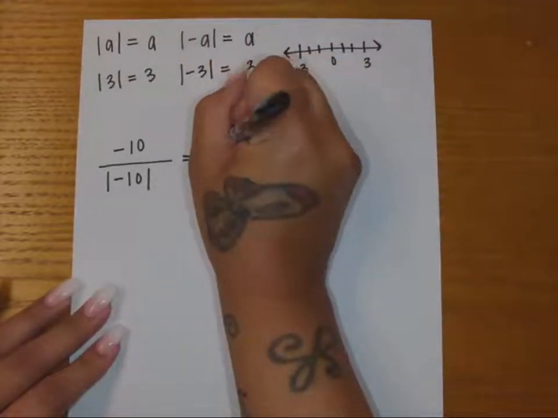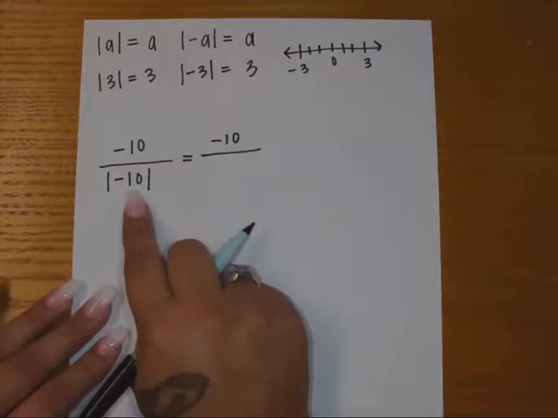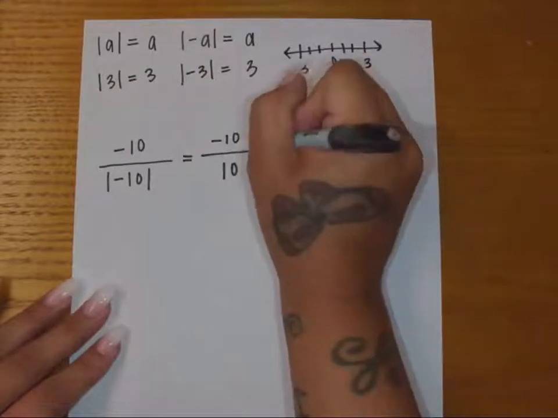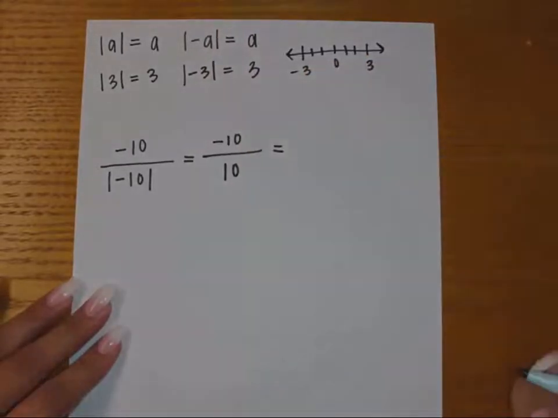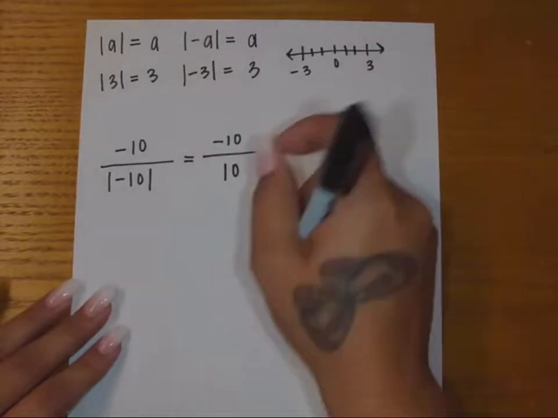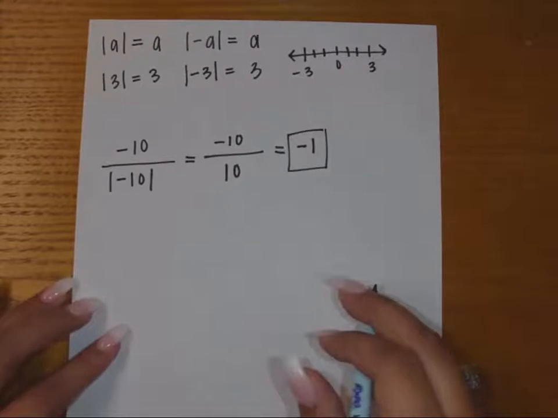So we have our negative 10 in the numerator, and the absolute value of negative 10 is just 10. This can be simplified further, because 10 divided by 10 is 1. Signs are different, so it's negative. So this would be the actual answer to that problem.